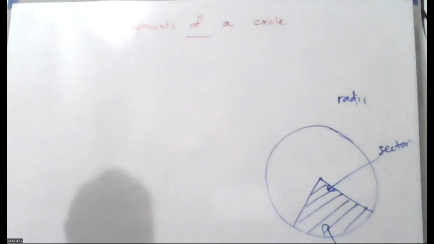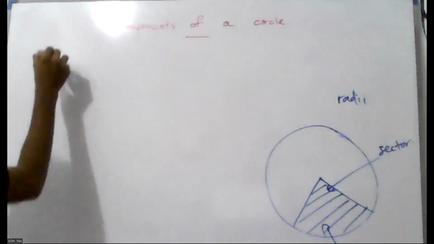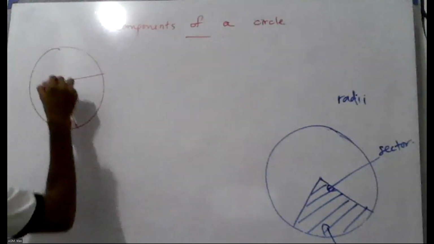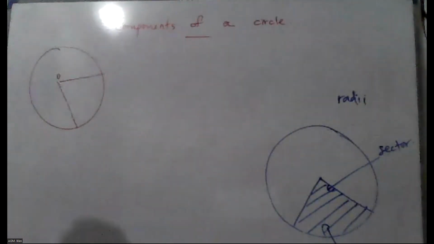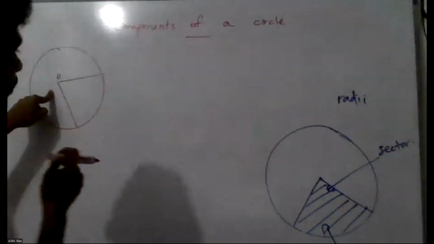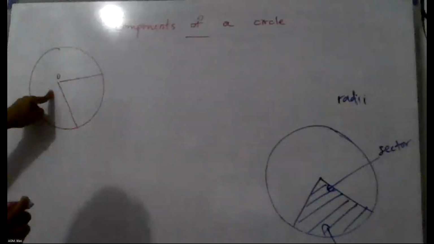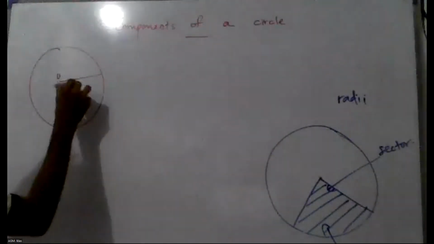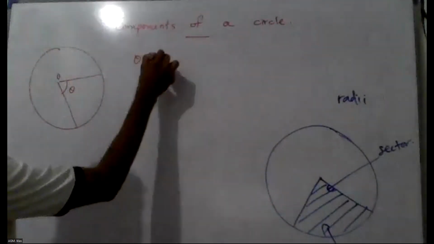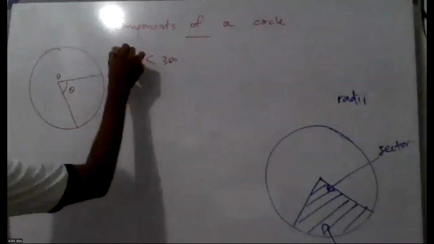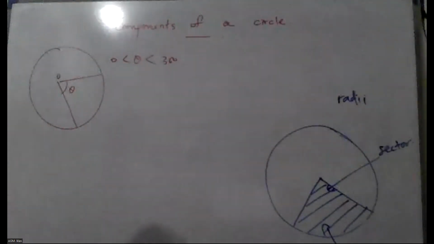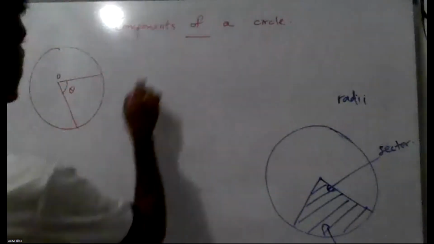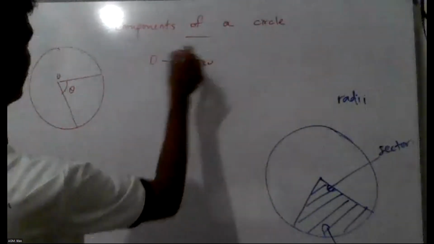This is the center. We denote it using the letter O, any letter we can use. So the range of theta may be 0 to 360.